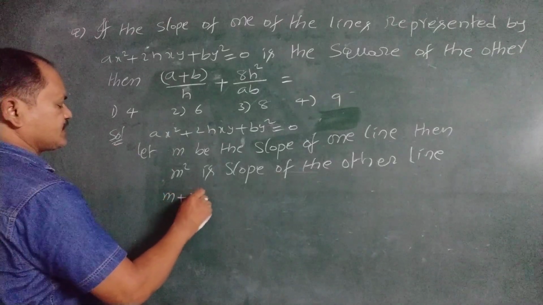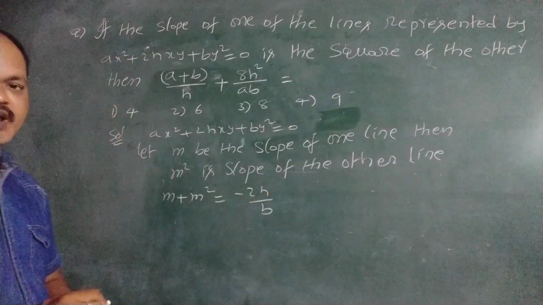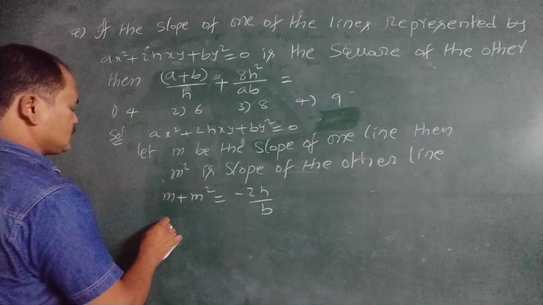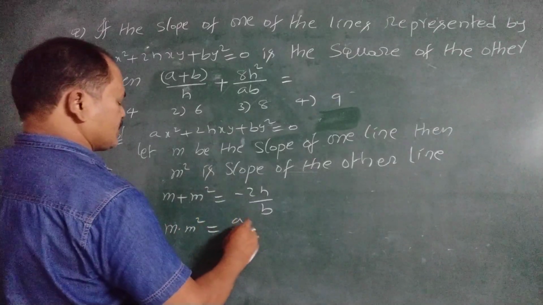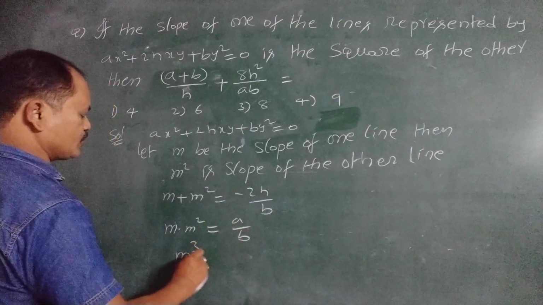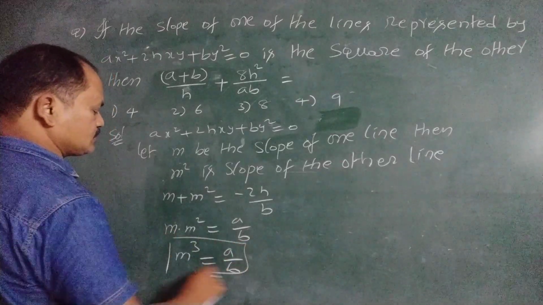Now, the sum of the slopes: m + m² is equal to −2h/b. And the product of the slopes: m into m² is equal to a/b, that means m³ is equal to a/b.